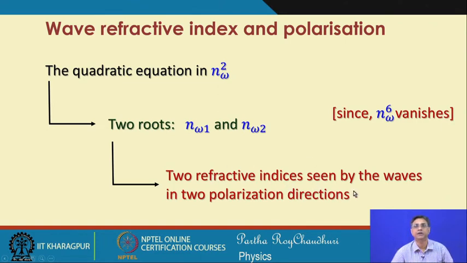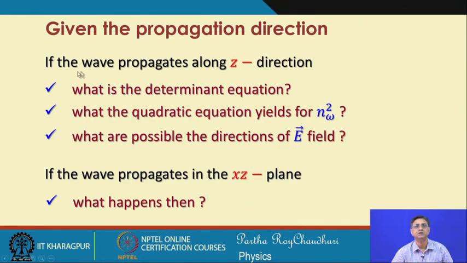So, these two refractive indices seen by the waves along the direction will be associated with the direction of polarization. We will learn more about this polarization direction in connection with the refractive indices. So, the wave propagates along z direction.